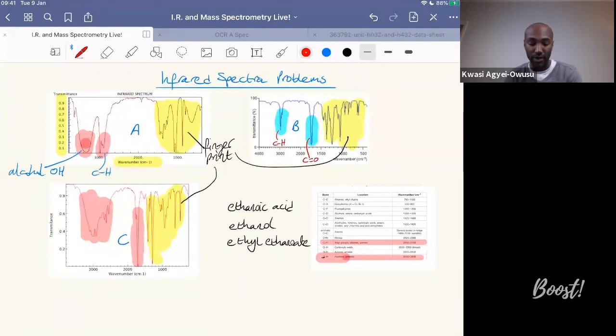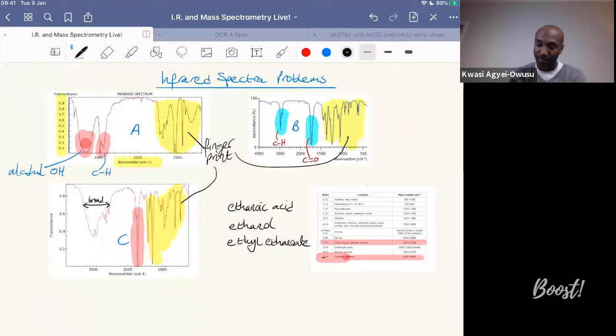And finally, we've got C, which has a very broad absorbance from about 2,500. If I get rid of my peach highlighting for a second, we've got a very broad absorbance from about 2,500 all the way across to about 2,200. Okay, it's very broad.